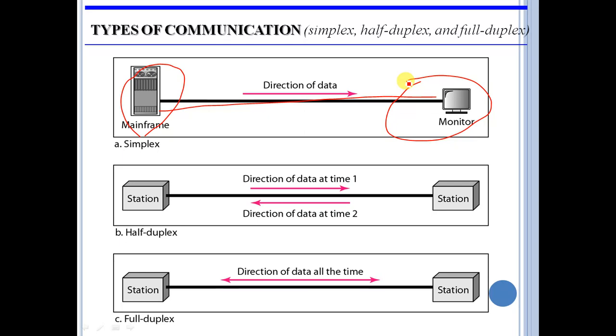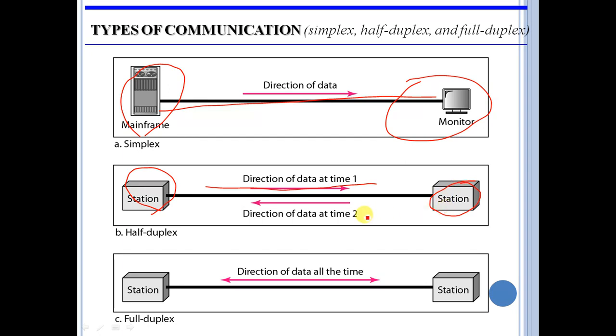Next is half duplex. These systems are bidirectional. They can transmit as well as receive but not simultaneously. As you can see here, station 1 is sending data in one direction at one time to station B or another station.